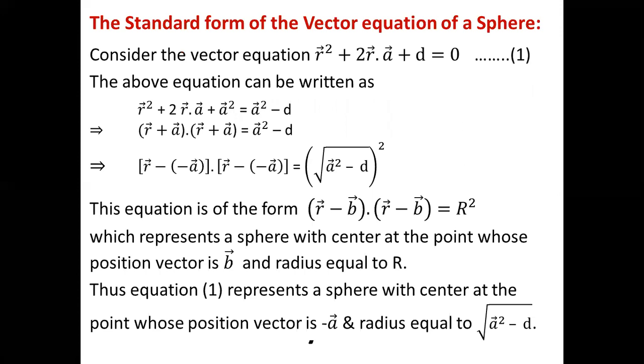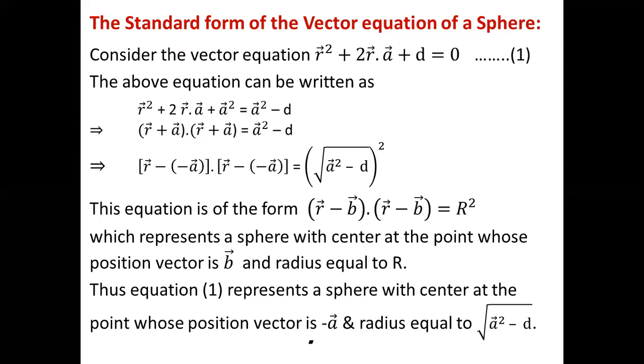So first we'll learn the standard form of the vector equation of a sphere. Consider the vector equation r² + 2 r·a + d = 0. The above equation can be written as r² + 2 r·a + a² = a² − d.